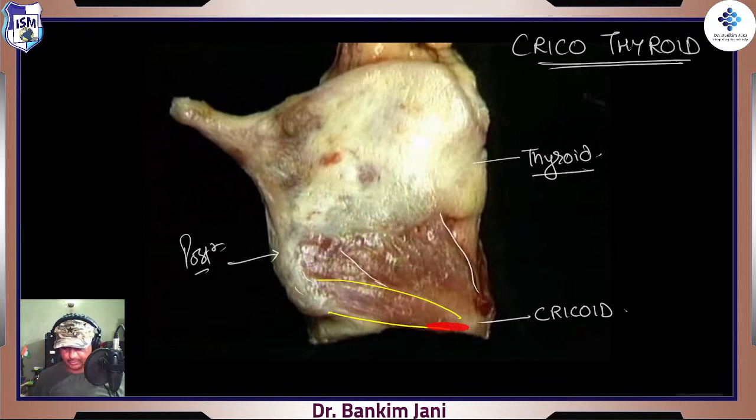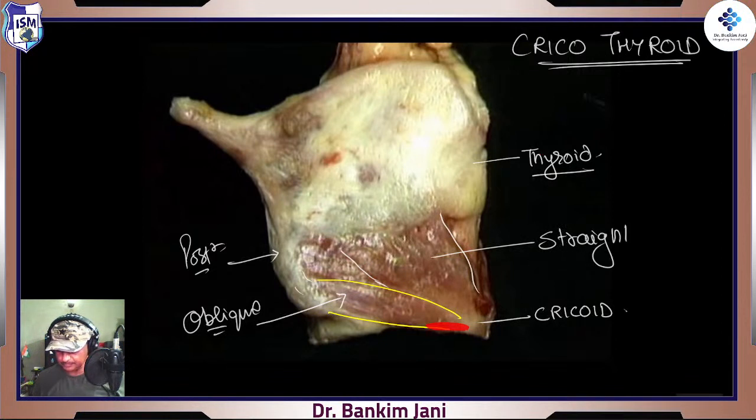So we have both between cricoid and thyroid, and we call it cricothyroid. This part is called the oblique part, and this one, which is going straight, is called the straight part. So the straight part and the oblique part of the cricothyroid muscle.